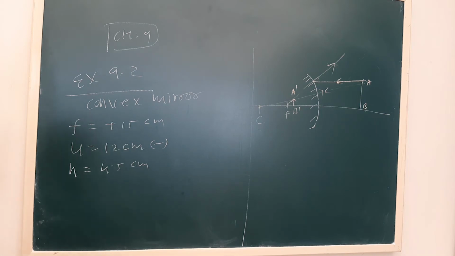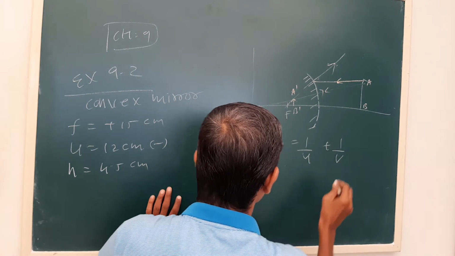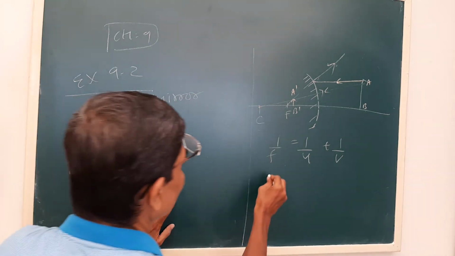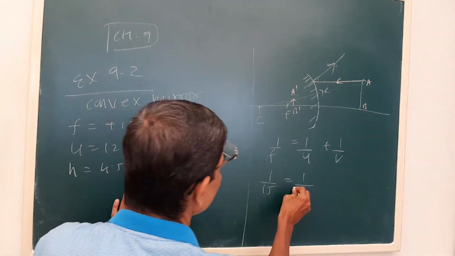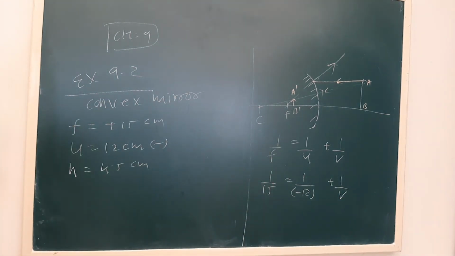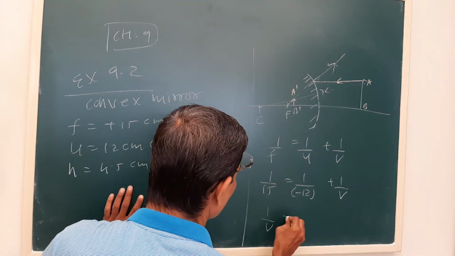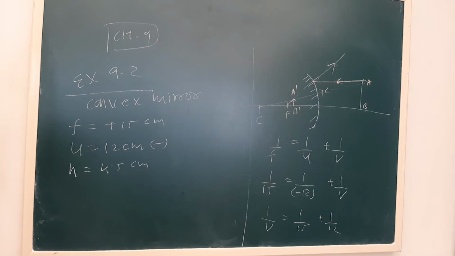Okay, now we substitute the values. 1 upon f is 1 upon u plus 1 upon v. See, focal length is 15 centimeter. u is minus 12. See, we have to find out the image distance. So 1 upon v will be 1 upon 15 plus 1 upon 12.